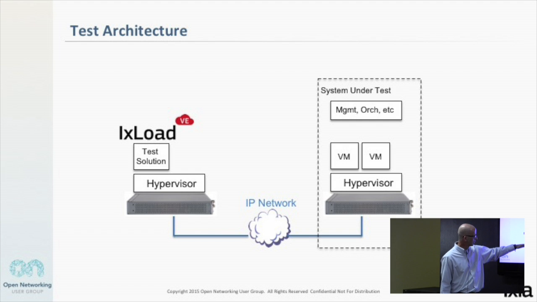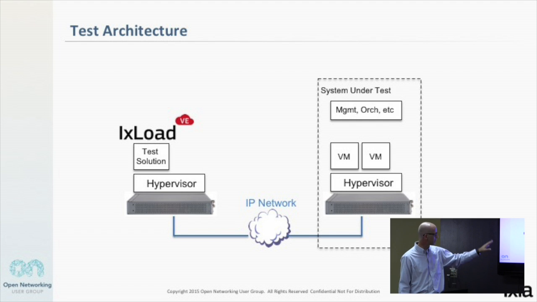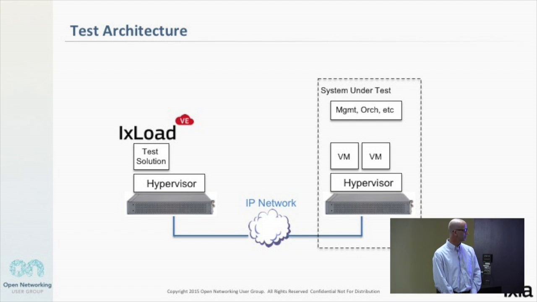Outside of all this was another virtual system containing the test solution used for these tests. In this case, we used IXIA's IxLoad Virtual Edition, which is a stateful subscriber and server emulation tool for layer 4 through 7 testing. So that's the basic setup.